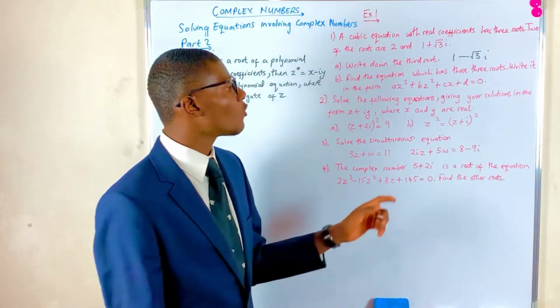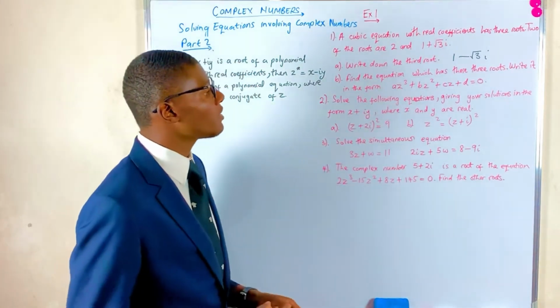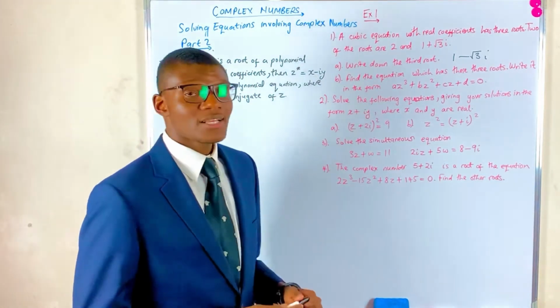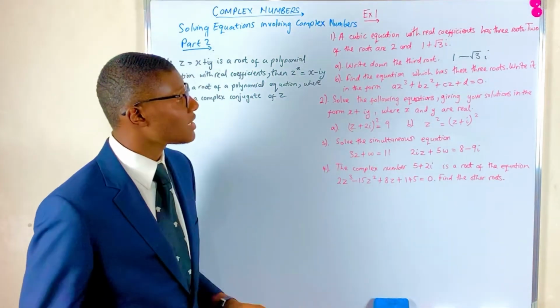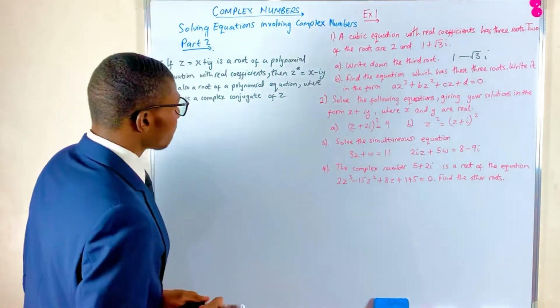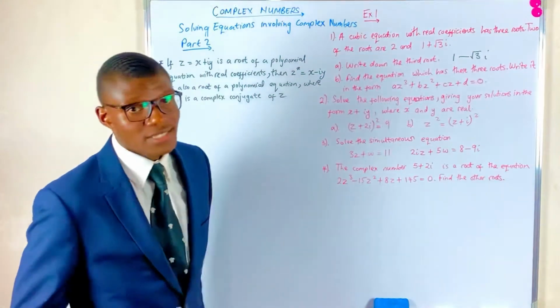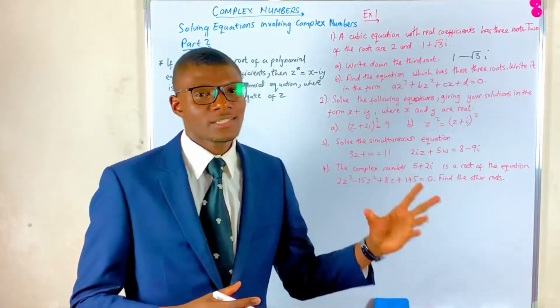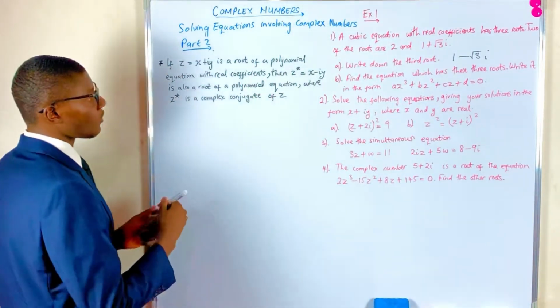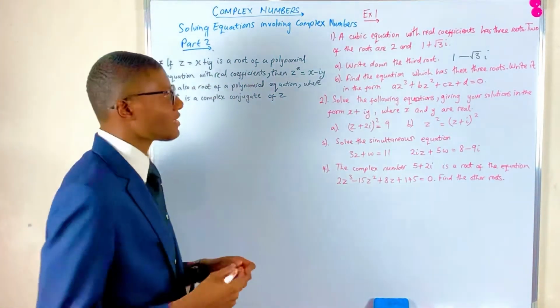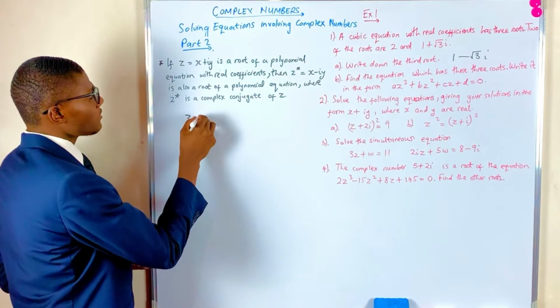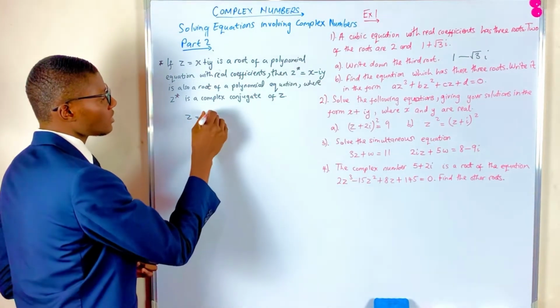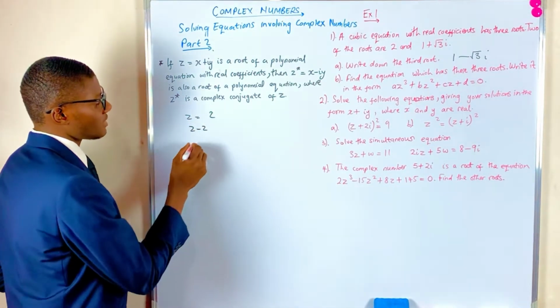Write it in the form az to the power of 3 plus bz squared plus cz plus d is equal to 0. So if we have these three roots, we're going to write them as factors. If z is equal to 2 is a root, then z minus 2 is a factor.